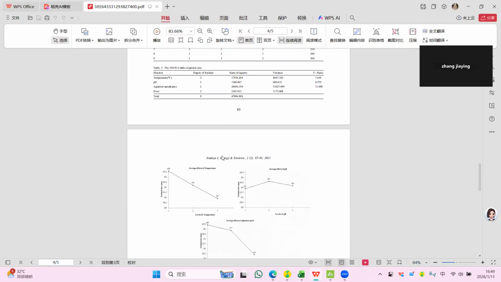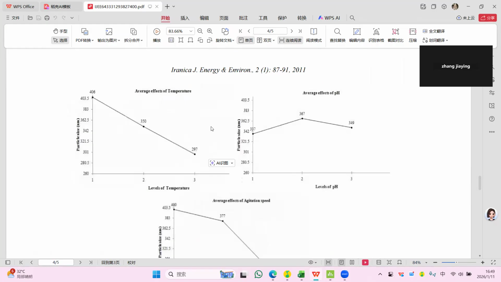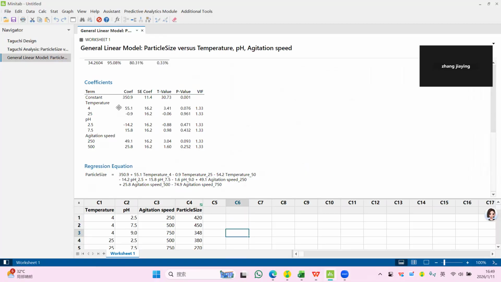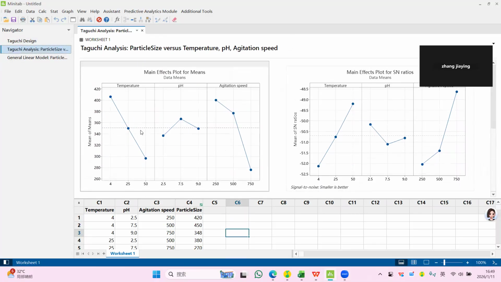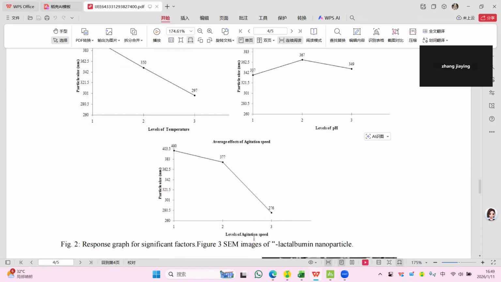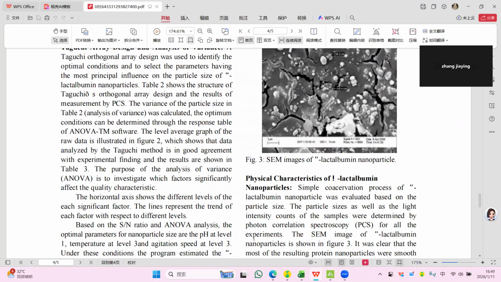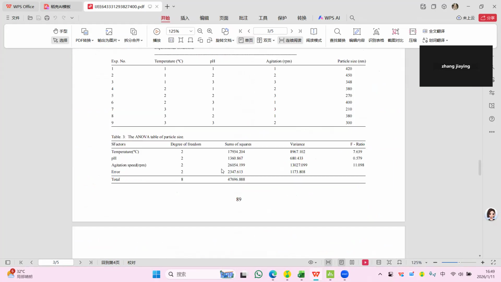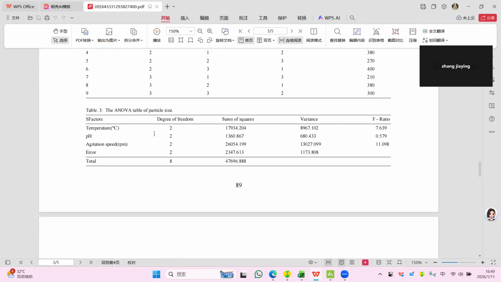And the graph is matched. This is a graph of the temperature, pH, agitation speed, and this is the ANOVA table.